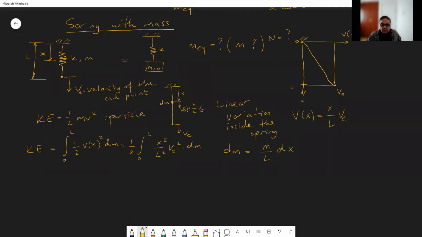Okay, so we substitute that in. Kinetic energy is therefore 1 over 2 integral 0 to L of x squared over L squared, squared, dm, which is m over L dx.